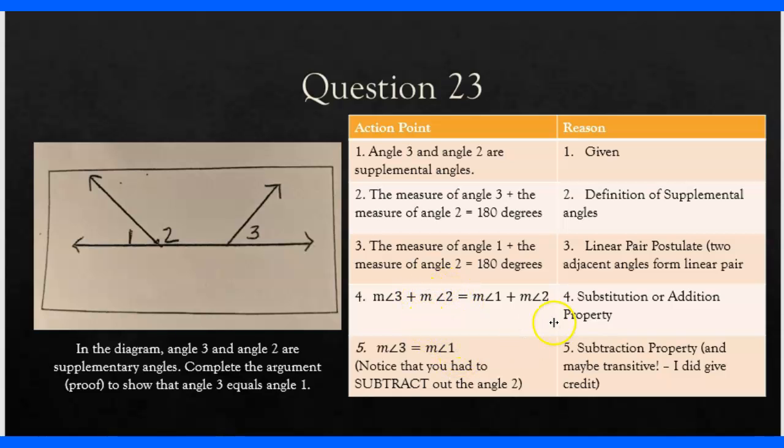Subtraction property came into play here. I did give points for transitive, so if I didn't give you points, then let me know. I'd be happy to adjust those. But this should have been subtraction property because we're subtracting out the 2 from both sides to be left with angle 3 equals angle 1.